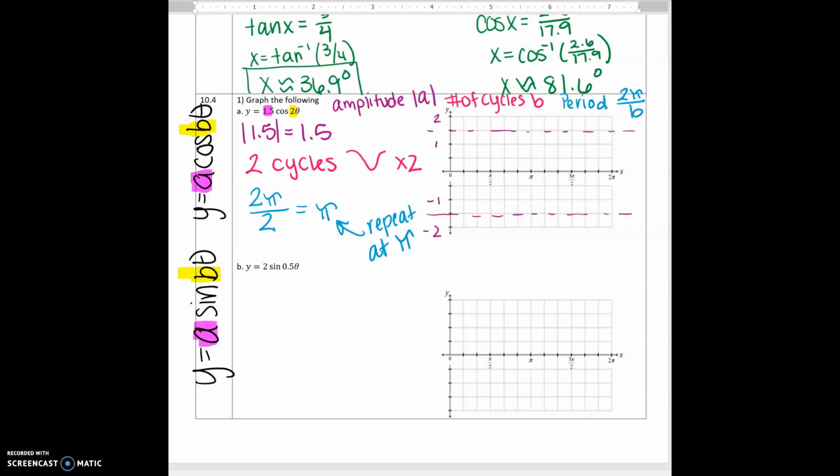So now we can go ahead and graph this. So we know that it starts at 1.5. And then it's going to come back at 1.5 right here.